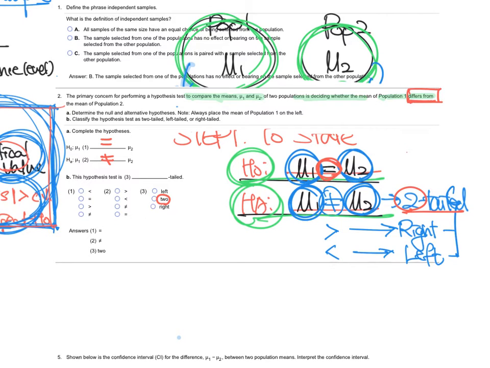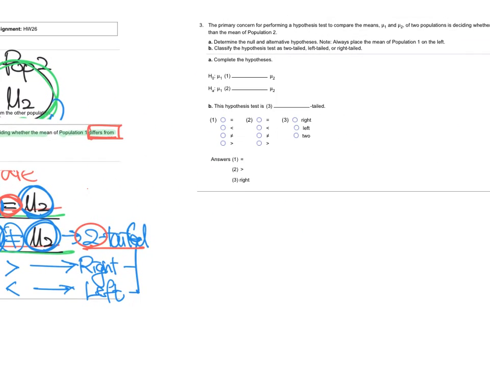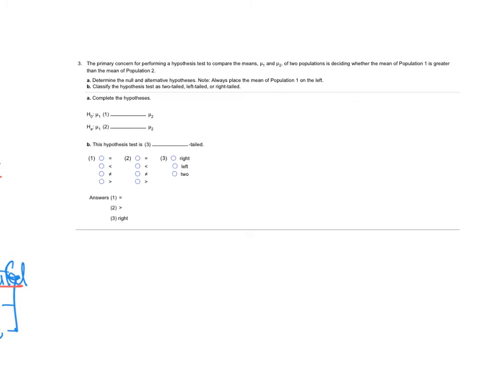Let me try the next one, number 3. The mean of population number 1, mu1, is greater than the mean of population number 2, mu2. That will be the alternative hypothesis. So here is a greater than, but in the null, it's always the equal sign. Greater than will be the right tail.